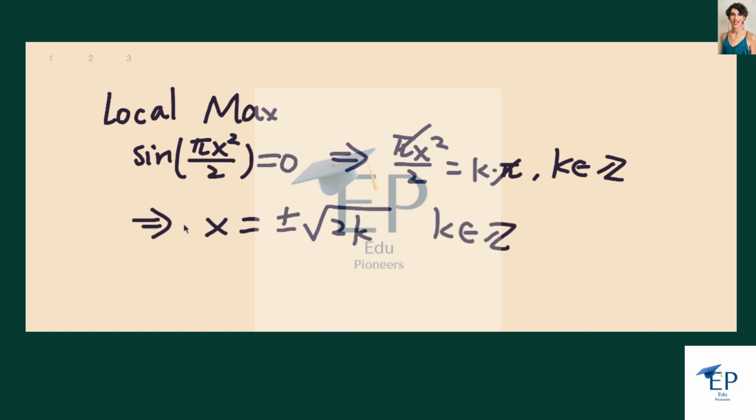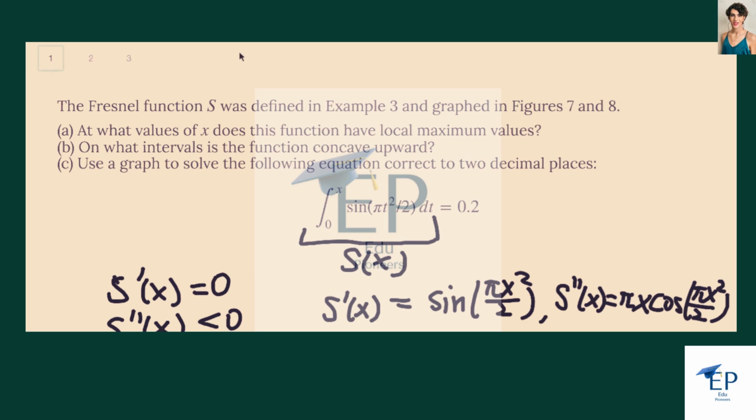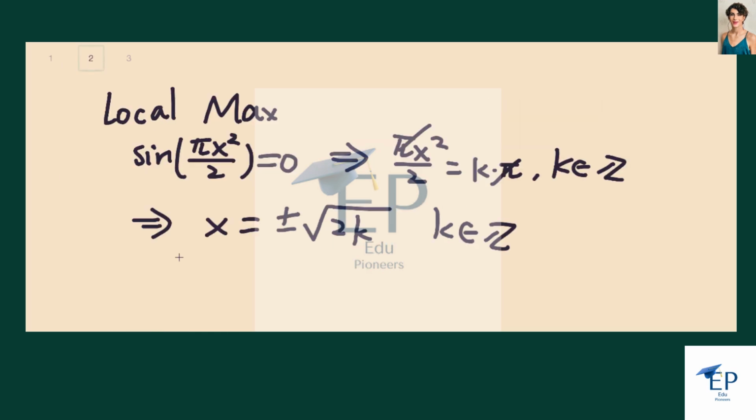That's a critical point. But we also want the second derivative to be negative. So we plug in plus or minus square root of 2k.